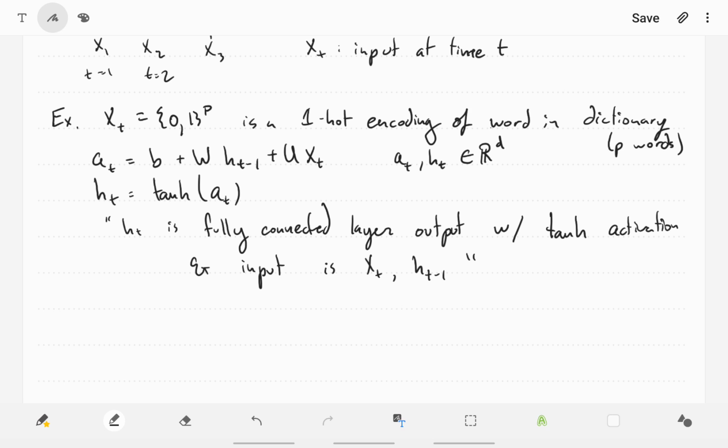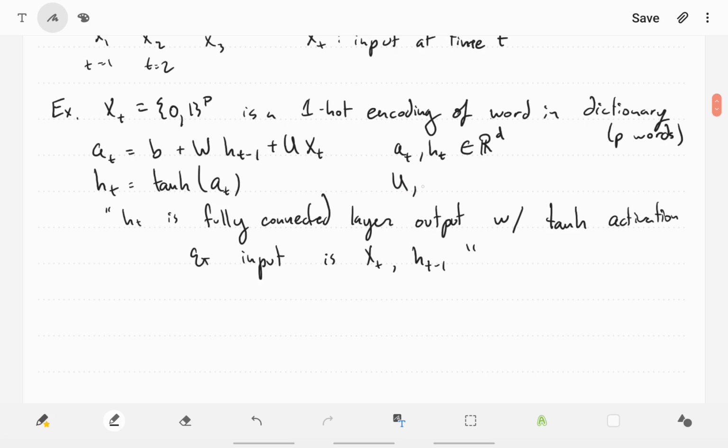And so U is going to be d by p, W is going to be d by d, and b is going to be in R^d. That's just what is required to make the dimensions work out.